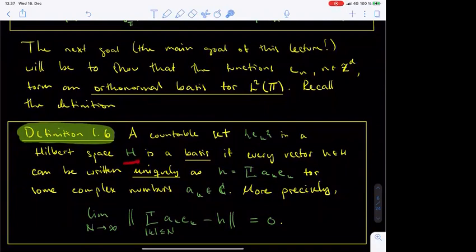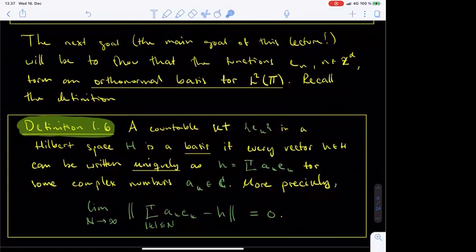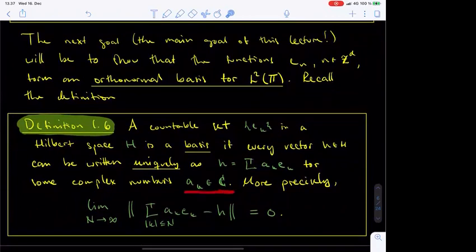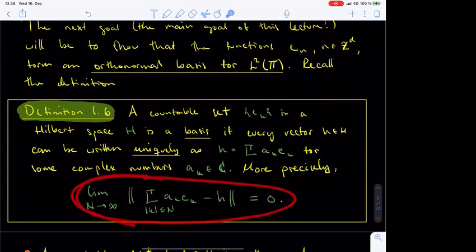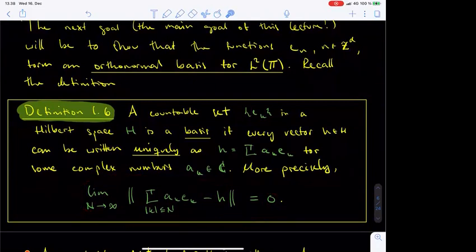So let H be a Hilbert space, for example this L2 of T, and let e_k be an arbitrary sequence of vectors in H. We say that the sequence e_k forms a basis for H if every element little h in H can be uniquely written as a convergent series of the form h equals the sum of a_k e_k, where the a_k's are complex coefficients. By a convergent series I mean that the partial sums of this infinite series converge in the Hilbert space metric to the vector h.